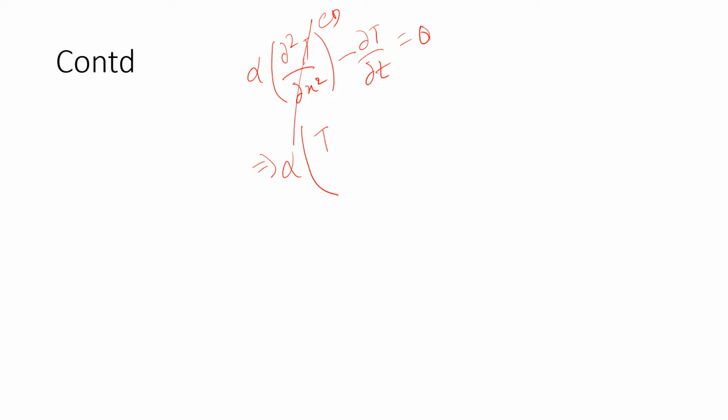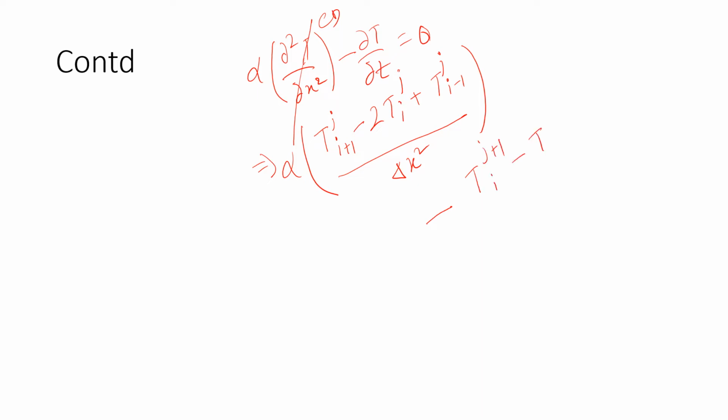So you can say this as T_{j,i+1} minus 2T_{i,j} plus T_{j,i-1}, over del x square, minus T_{j+1,i}. This is actually the forward difference of this term, equal to zero.